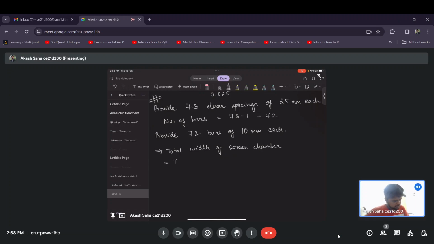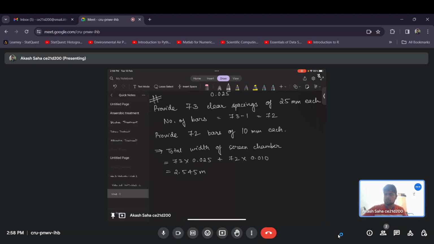It will be 73 into 25 mm, so 0.025, plus 72 into 10 mm, so 0.010. So it will be equal to 2.545. This is my total width of the screen chamber.